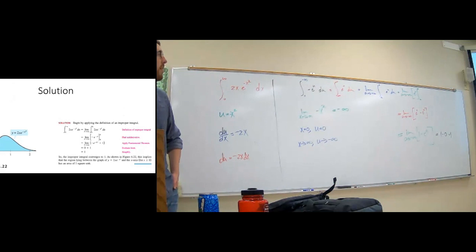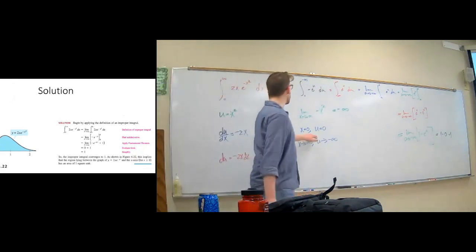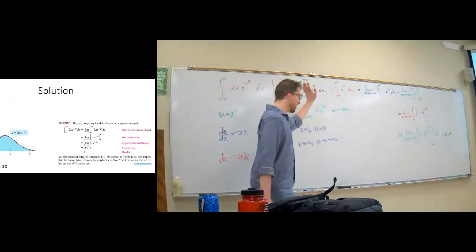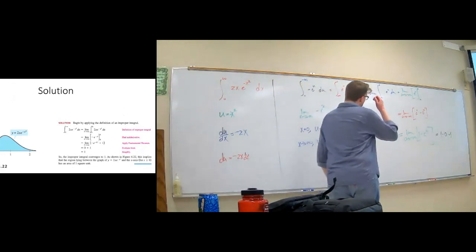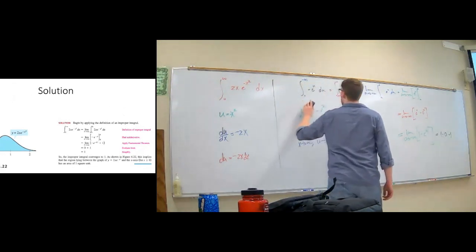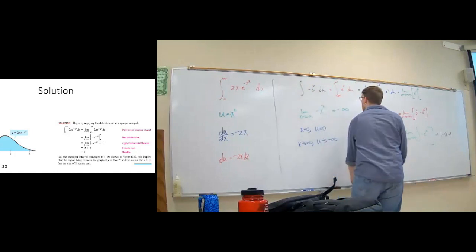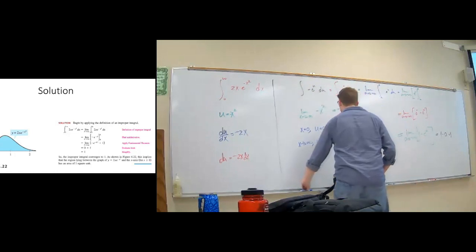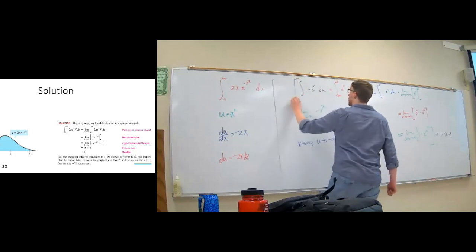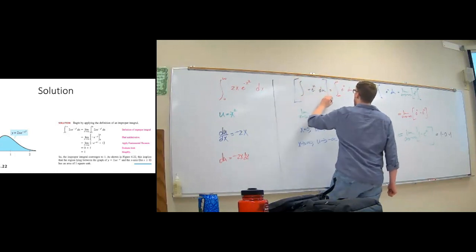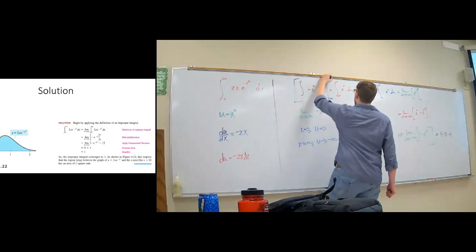Now, they've done something here. The way they went about this was, instead of having to worry about changing your bounds, they said, instead of changing these bounds, we're going to rewrite this as this integration of e to the u, and we're going to keep x equal to 0 and x equal to infinity.